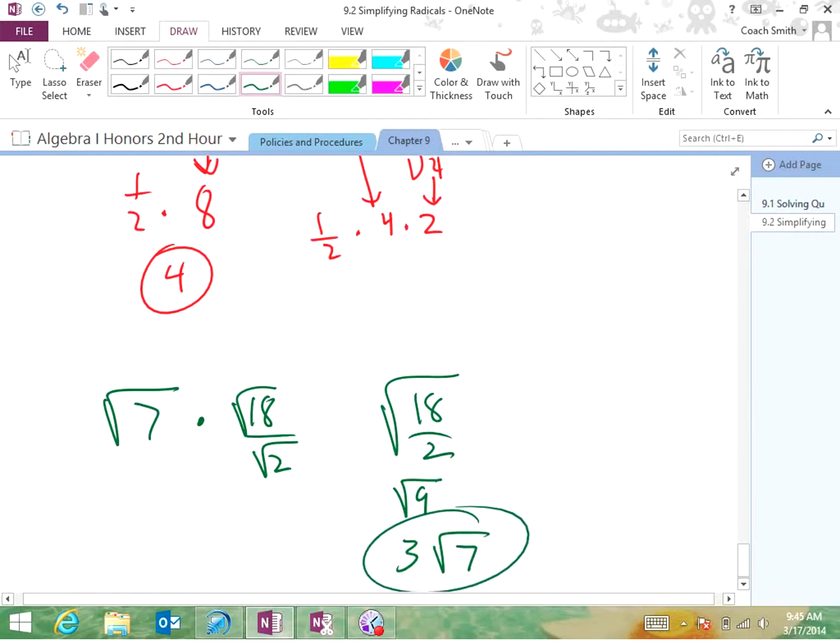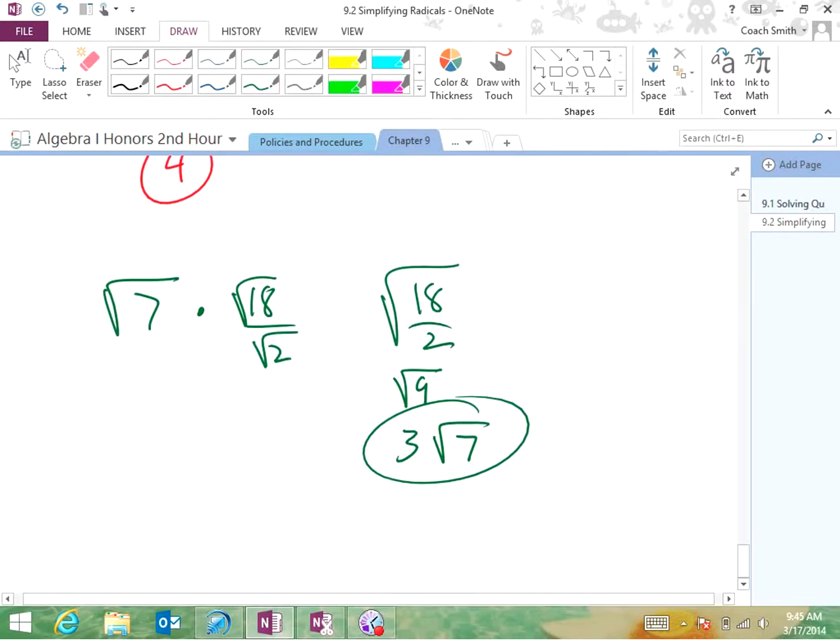I'm done. This is 3. Okay? This right here is 3. So that's 18 over 2, which is 9. Square root of 9 is 3. Square root of 7 doesn't have anything. And so I just multiply it together. All right? Don't make it harder than it really is.